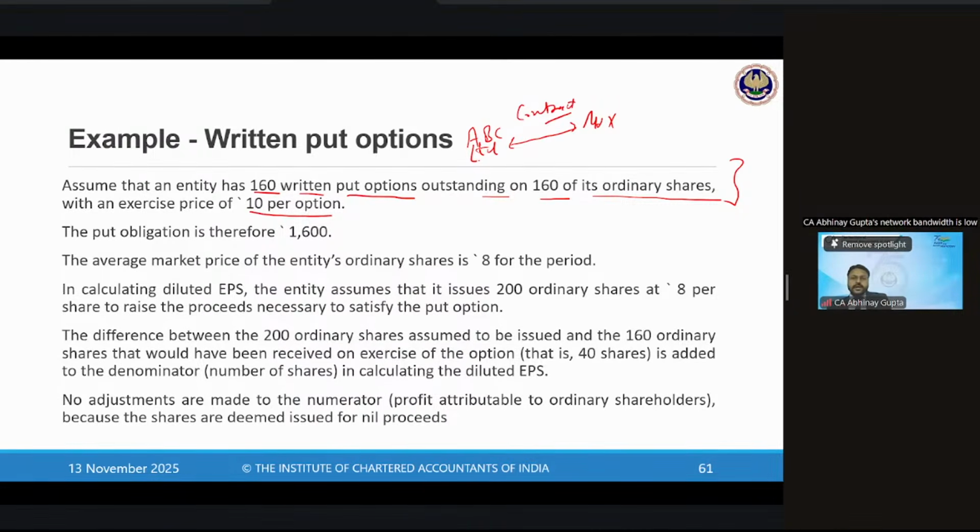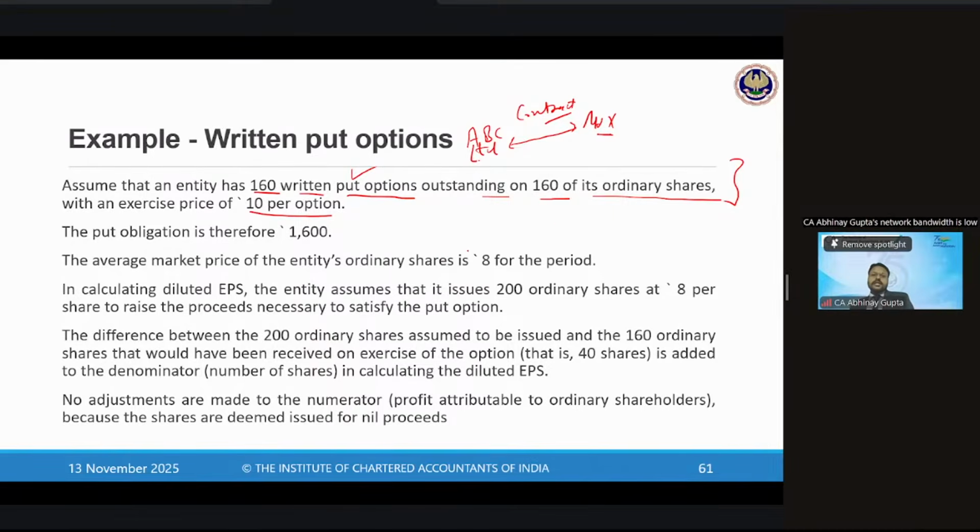Whereby ABC Limited agreed to buy back 160 of its shares from Mr. X, right? Because it has written a put option. Written a put option means sold a put option. Selling a put option means getting into an arrangement where effectively you will be the buyer of the shares, right?